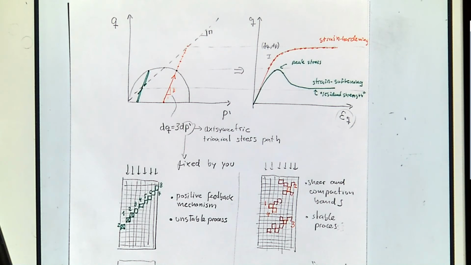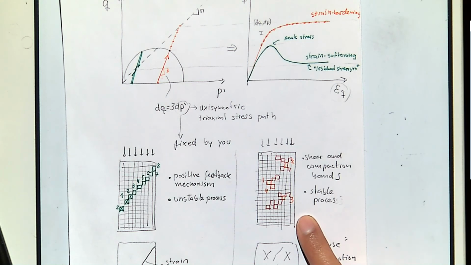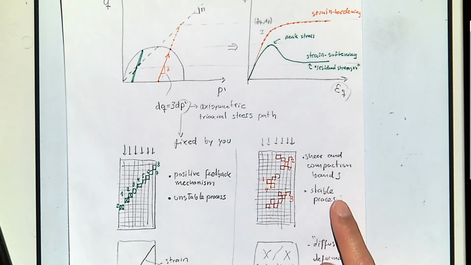And for the numerical simulation, is there a continuity on the boundary between the blocks? Sorry, say again? For this one? Well, this is not a numerical simulation. I mean, you could convert it into a numerical simulation, but yes, you are assuming there is continuity.